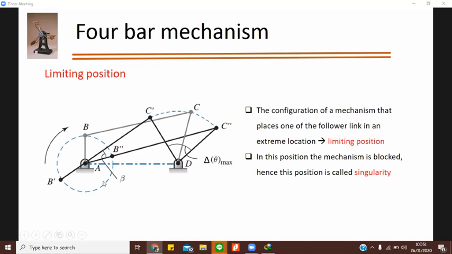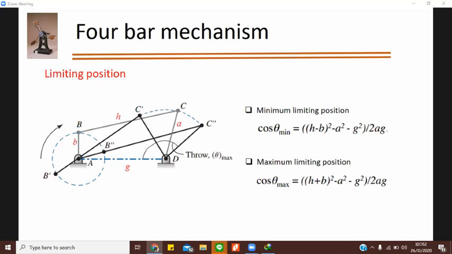In this limiting position, you will have one minimum limiting position and a maximum limiting position. So what is the minimum limiting position? In the minimum limiting position, you will have this B on the opposite side. This link will be here from C to B dash. That's your minimum angle that you are forming over here.